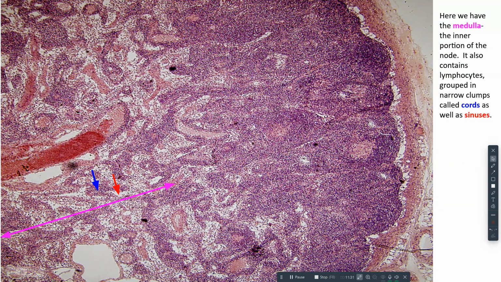Now in here we've got our medulla, more lymphocytes in here, kind of clumped together in these things called cords. So these little chunks of lymphatic tissue in here are cords. The white spaces in here would be lymphatic sinuses in the medulla. Okay, I think that's pretty much it for that lymph node.